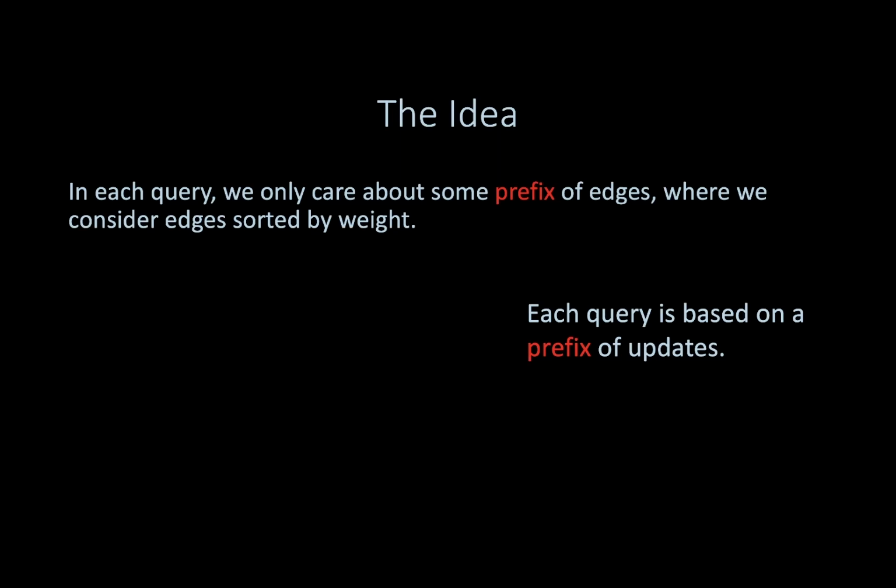The reason why is this is actually very similar to the motivating problem which we were just looking at, because in each query, we only care about some prefix of edges, assuming that our edges are sorted by weight. This means that if we were to take every edge in our graph and sort them in ascending order by our weight, the set of edges which are present in our graph forms some prefix.